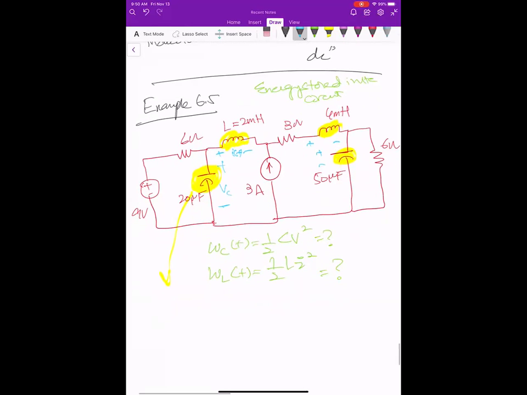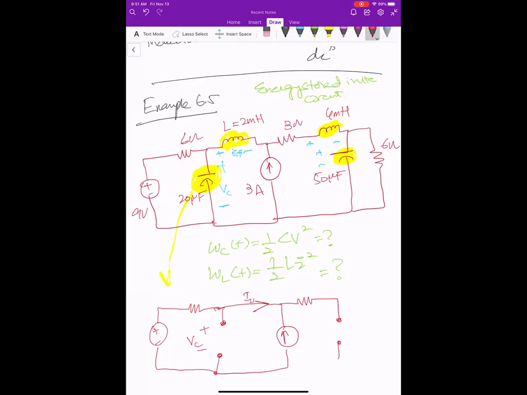But I know that for steady state circuit or for DC circuits, the behavior of these components is different. So that's what I will replace, how they should behave in the steady state. I know that capacitor will act as an open circuit, and this is, let's say, IL1. This will act as a short circuit, and that would be my current source. So I can draw an equivalent circuit like this.